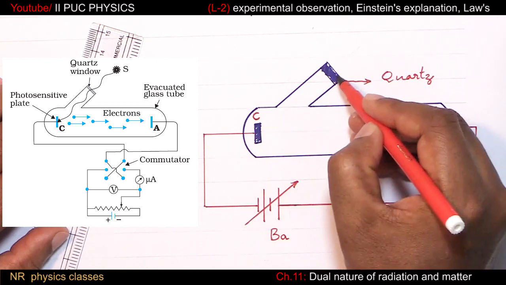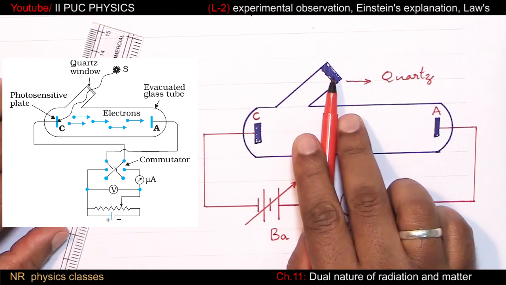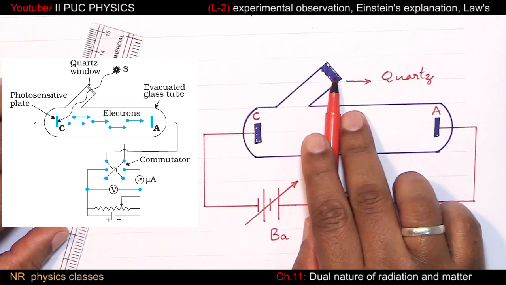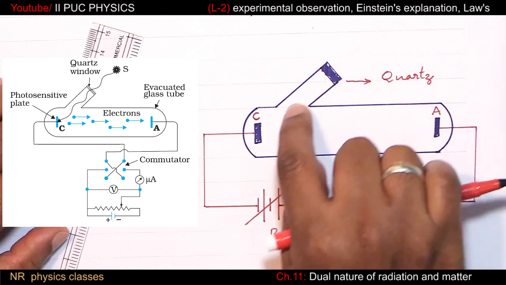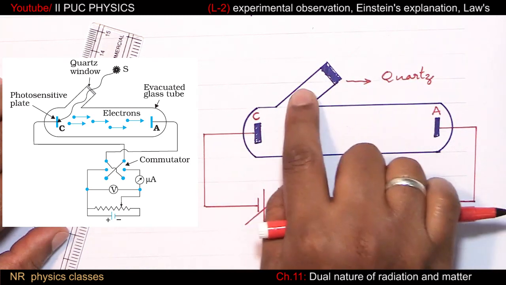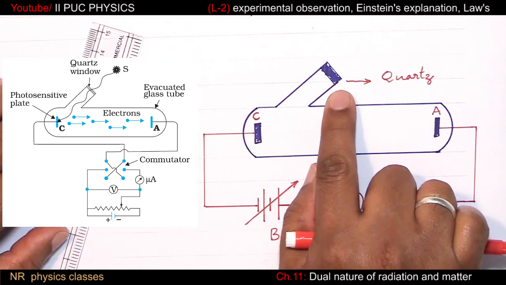If we use glass here, glass is opaque for IR as well as UV. That means a glass window will allow only visible light to pass. So that's a sort of restriction for the experiment. Since it is for the experimental study, quartz is used.